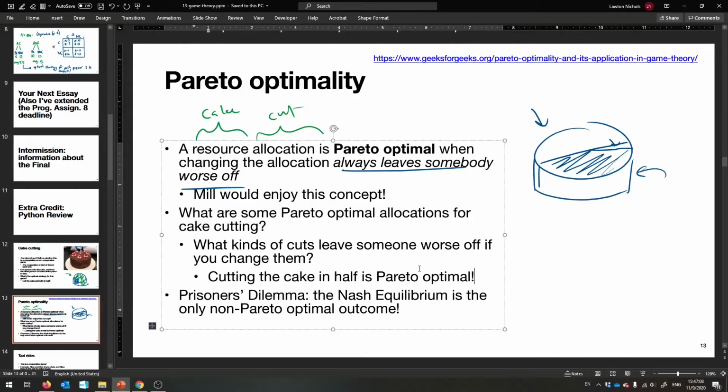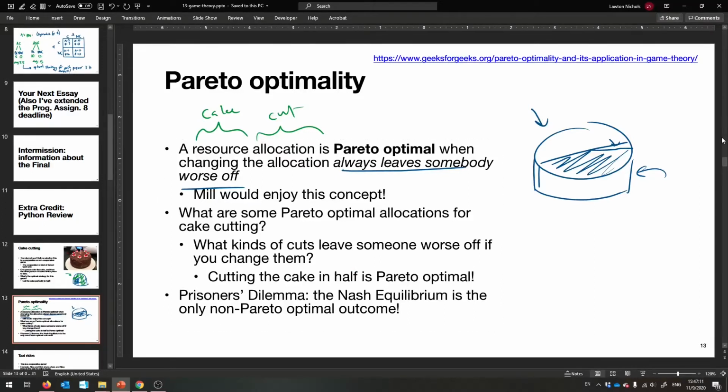Now, this is an interesting example because let's go back to our very unfair example as well. Let's say this was our allocation: a tiny little slice for you, and then the bigger slice for your sibling.